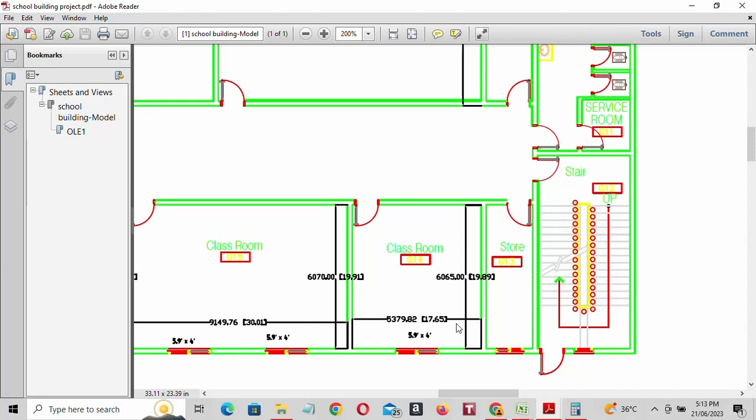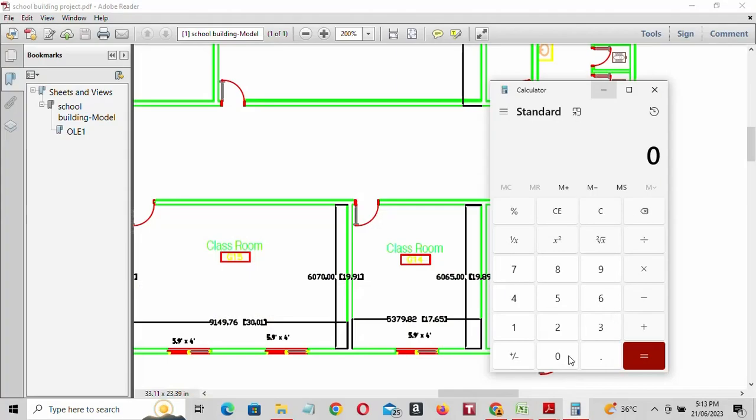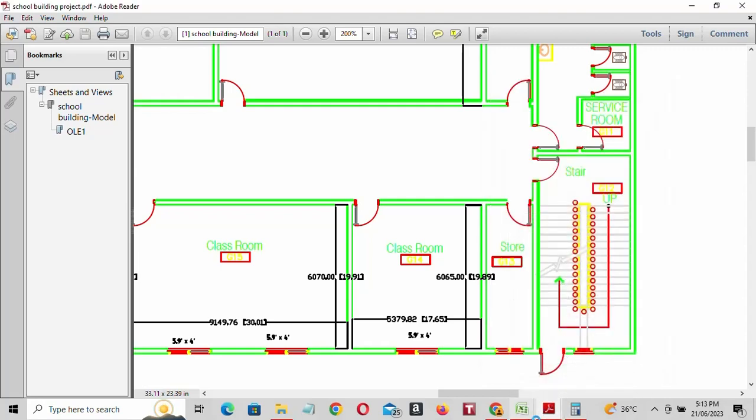Okay, 20 into, we have to multiply with the true height. False ceiling height is 10 feet and true height is 13 feet. So 20 into 13, 260, minus we have to subtract the glass area, 260 minus 24, so you will get 236.